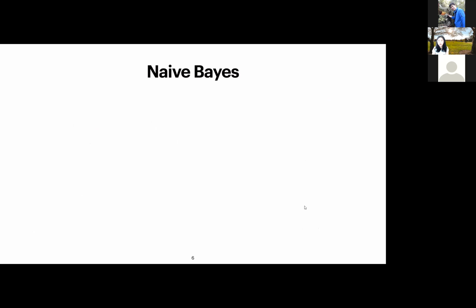Okay, so now, the naive Bayes, everyone is familiar with it. What is the naive Bayes? Naive Bayes is simply saying, I want to make an assumption on the conditional independence.